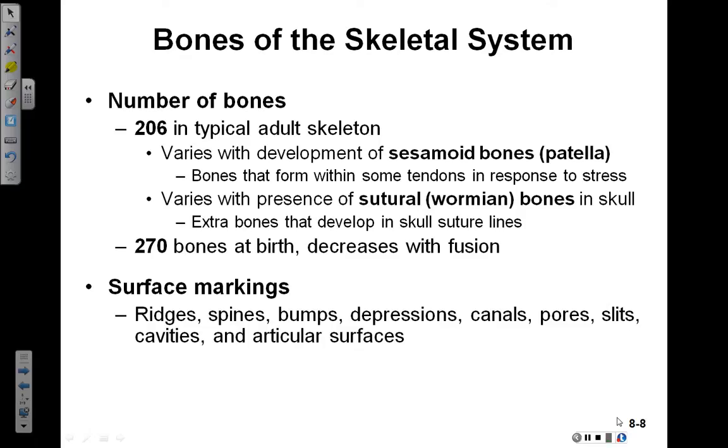261. Someone read that second paragraph where it says the distal end of the humerus. Don't everybody read at one time. Capitulum.